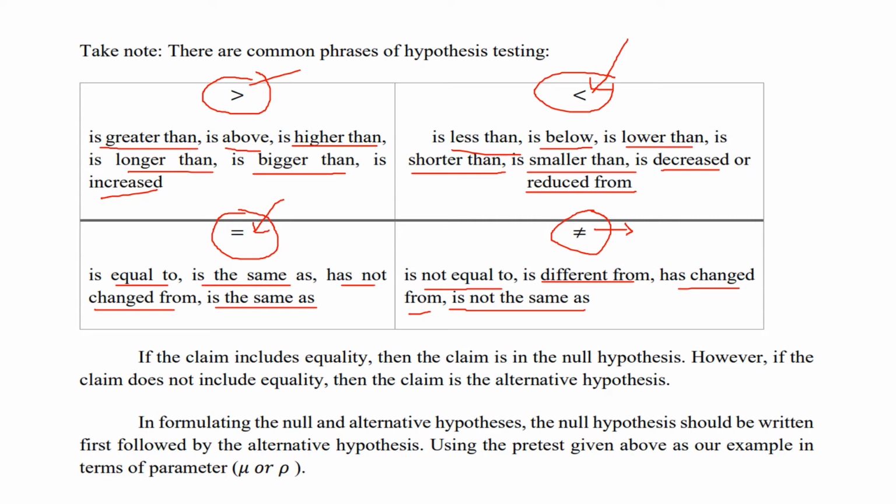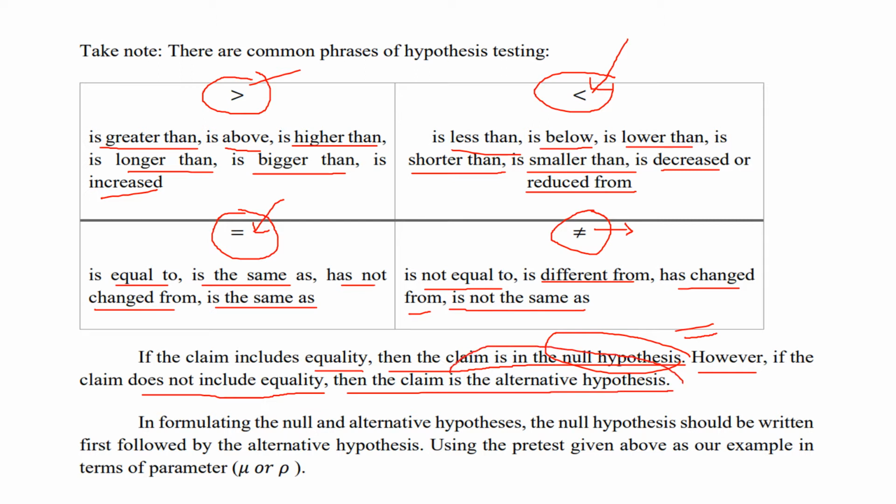If the claim includes equality, then the claim is in the null hypothesis. That's why we simply use the equal sign to represent your null hypothesis. We always assume that your population mean will fall on your parameter. That is your null hypothesis. However, if the claim does not include equality, then the claim is the alternative hypothesis.